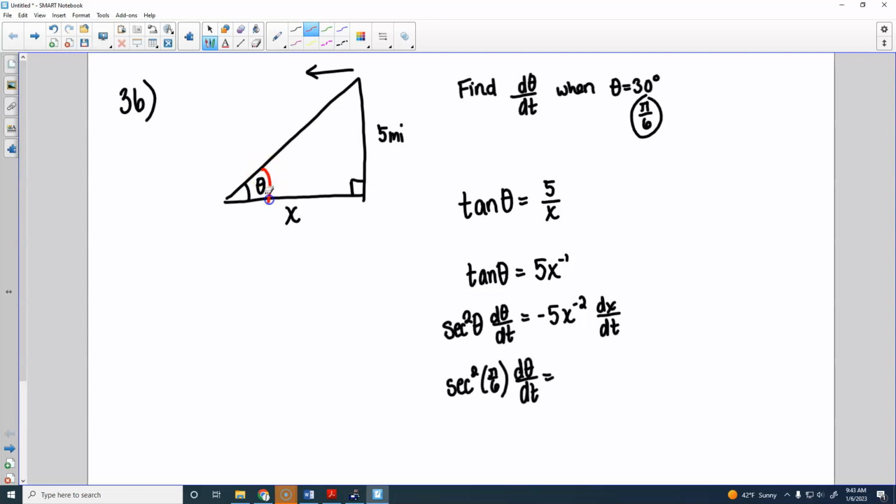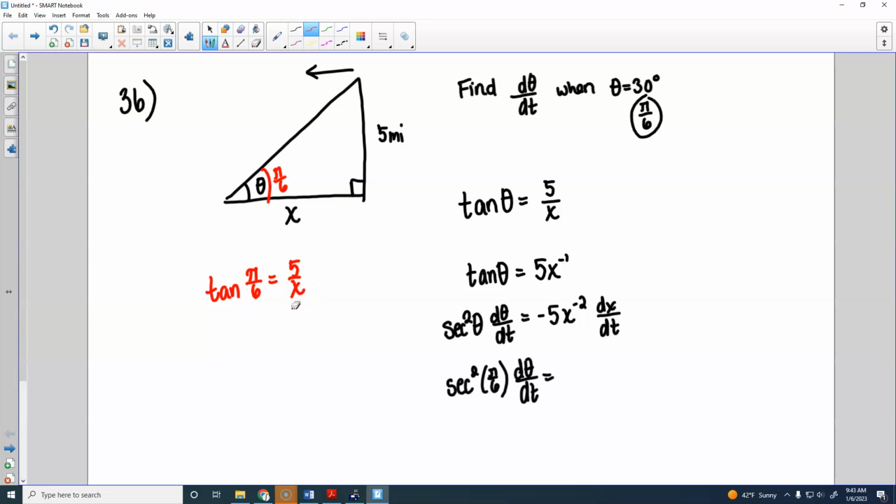I'm looking at the point where this angle is pi over 6. So I could just use trig to find that, right? So I could say tangent of pi over 6 equals 5 over x.